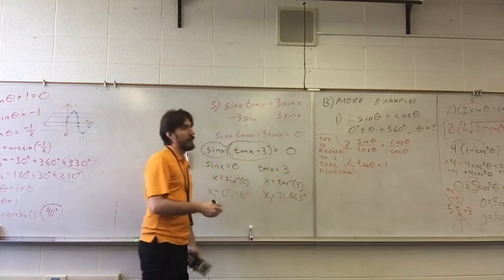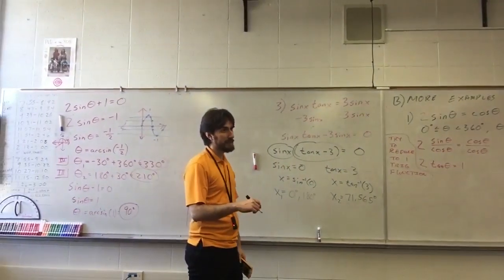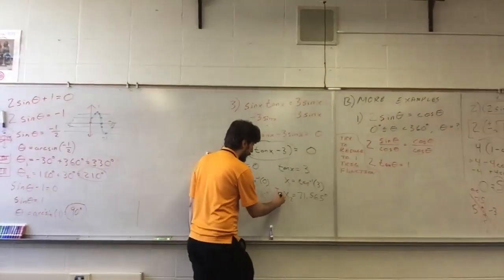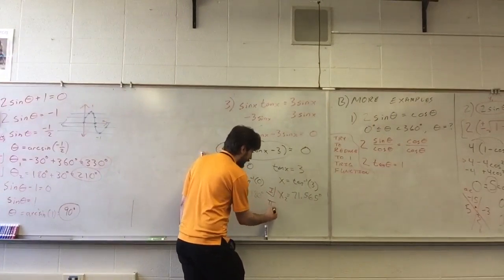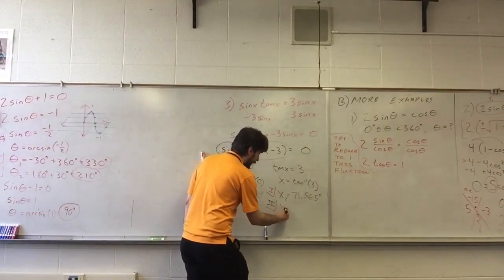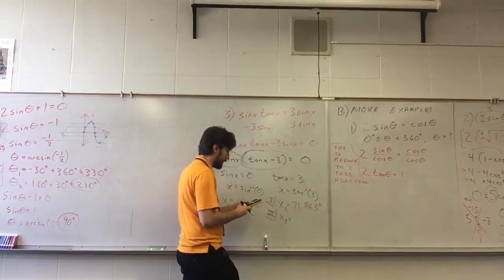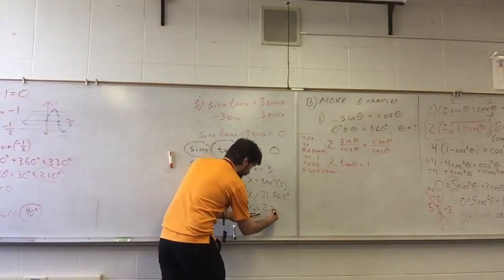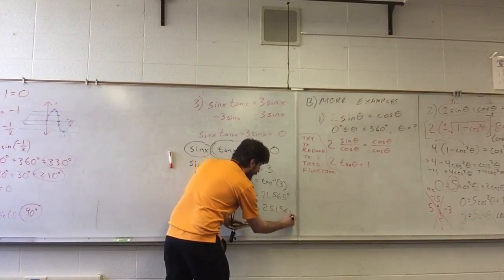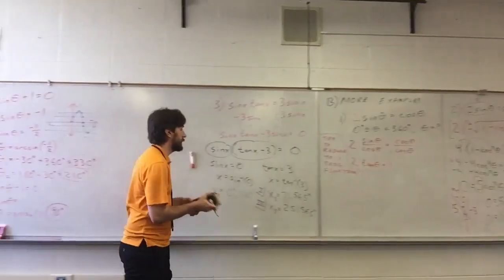And then you ask what other quadrant is tangent positive. Well, tangent is positive in quadrant 1 and in quadrant 3. So my last answer would be 180 plus that, which is 251.565 degrees.